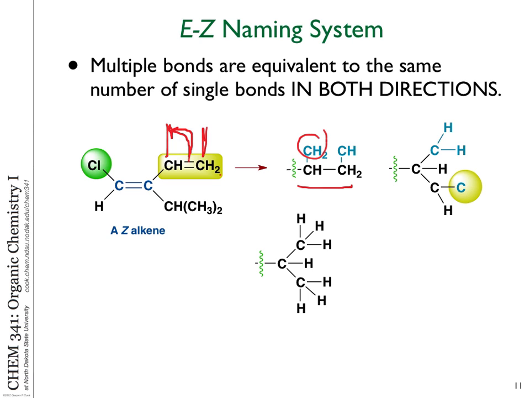And if I swing the bond up this way, it's a CH group which swung up, and so that's what I imagine is over there. So we have to do this when we have double bonds because we consider that double bond to be the same number of bonds to the kind of atom it's connected to, in this case carbon. So this is how you envision this group when you're trying to assign the layers and priorities.